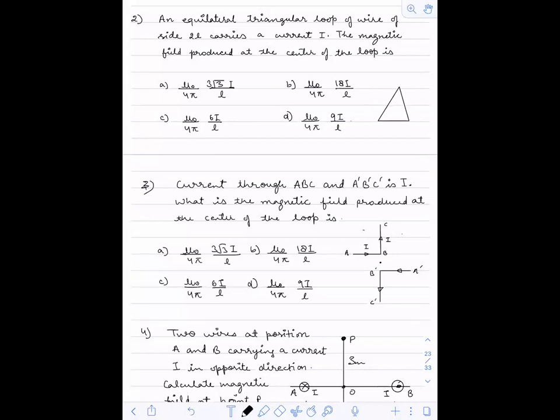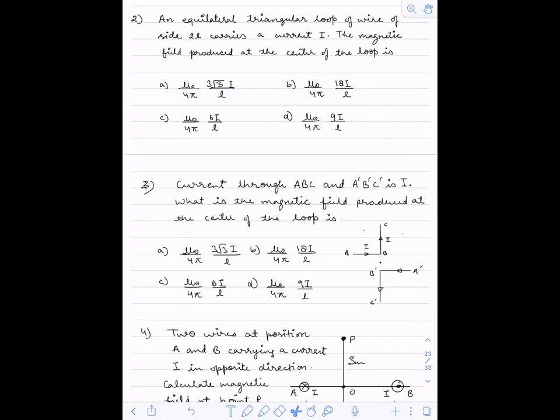An equilateral triangle is this, and the side is 2L, the current is given to me, and the magnetic field is asked. So you're supposed to add due to all the three wires, and then you will get the answer for this. Fine.